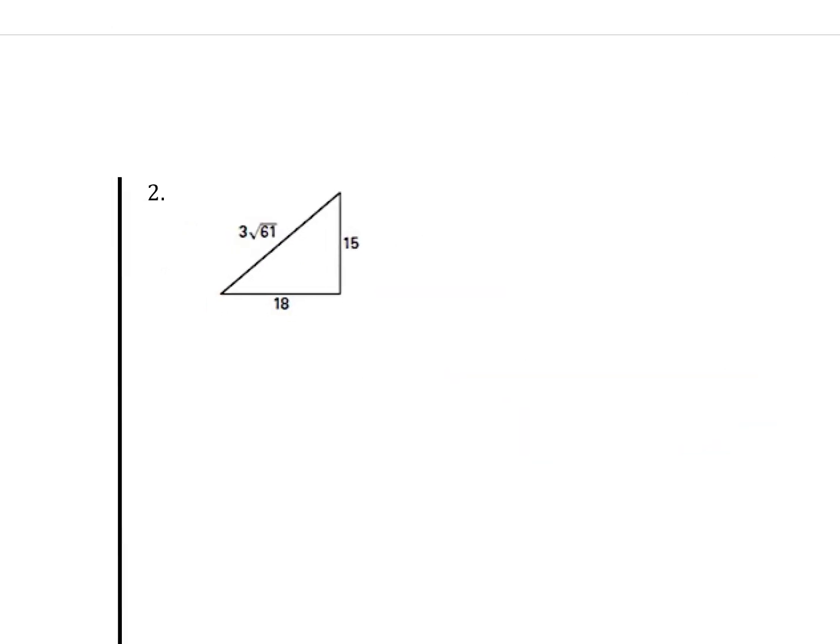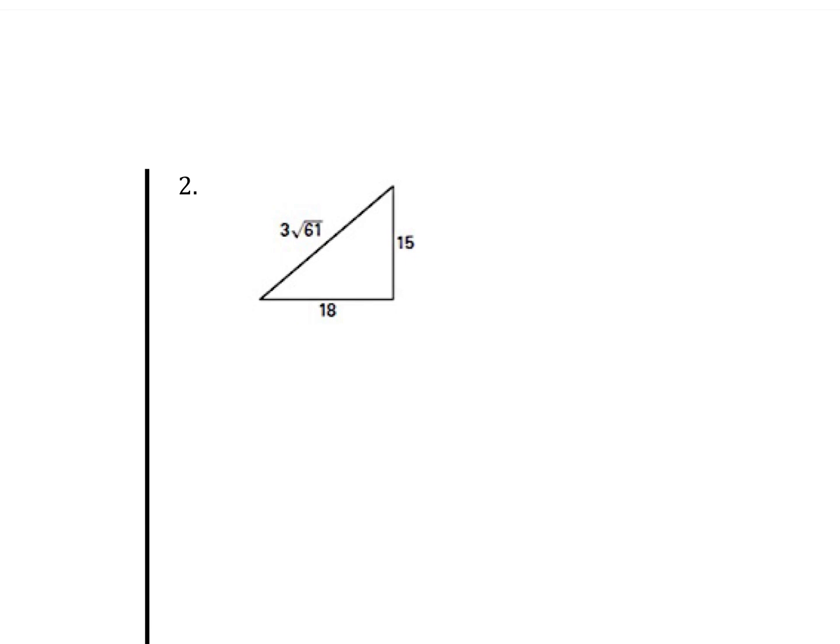All right, let's go ahead and do number 2. Right angle right here. That's the hypotenuse. We're going to do a squared plus b squared equals c squared. So we have 15 squared plus 18 squared equals (3 square root of 61) squared. 15 squared is 225. 18 squared is 324.